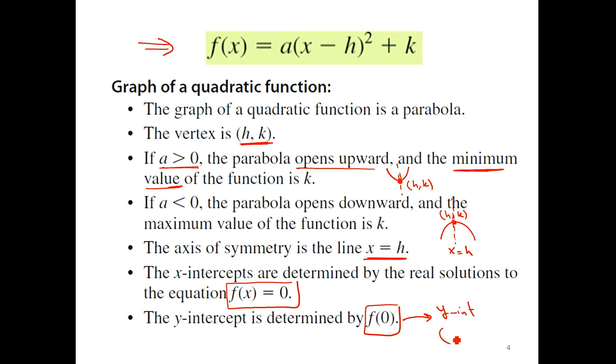Y-intercept means x equals 0, and we need to find f of 0. But if we need to find the x-intercept, the value of f of x equals 0, and we need to find the value of x such that f of x equals 0.